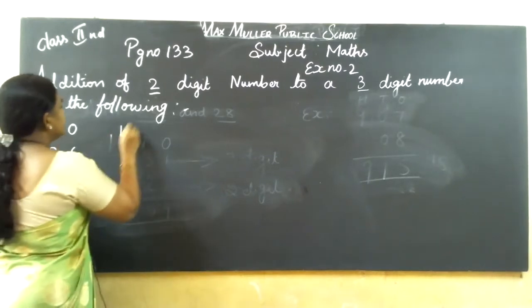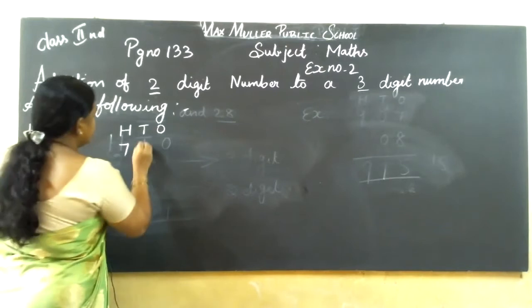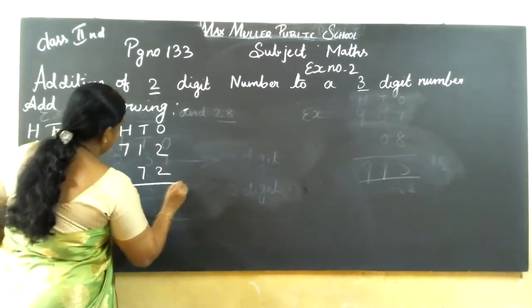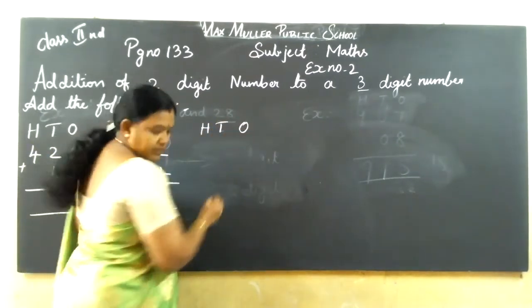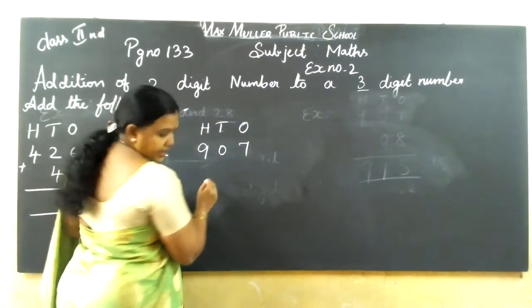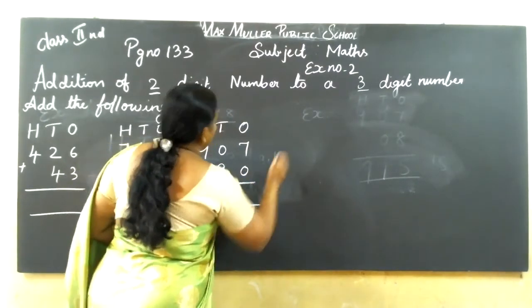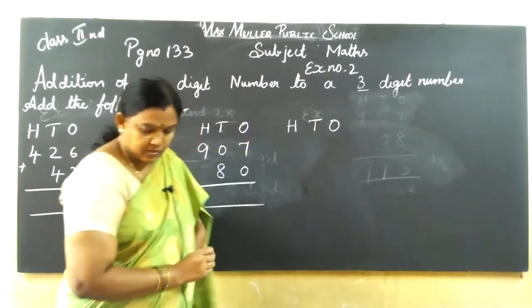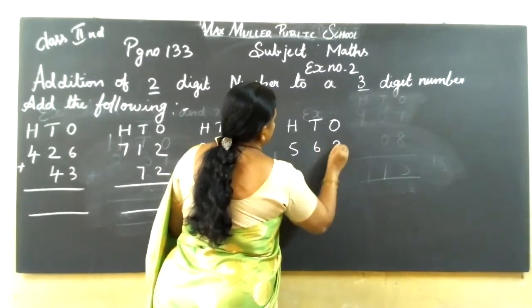Second one, 712 plus 72. Third one, 907 plus 80. Fourth one, 563 plus 36.